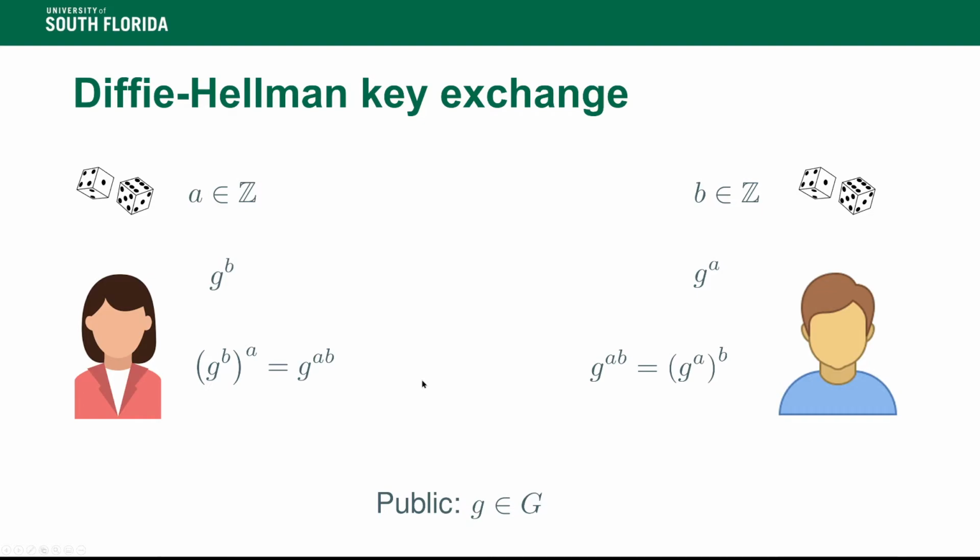Now, this protocol would be insecure if an adversary could recover g to the ab. We hope certainly that the discrete log problem is hard, because otherwise the adversary could recover either b or a, and that plus the communication would allow the adversary to recover g to the ab.